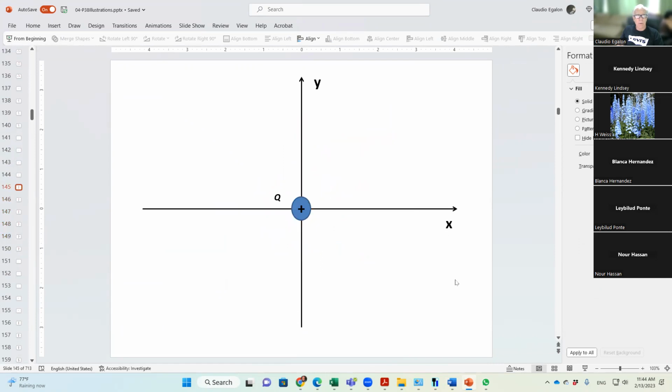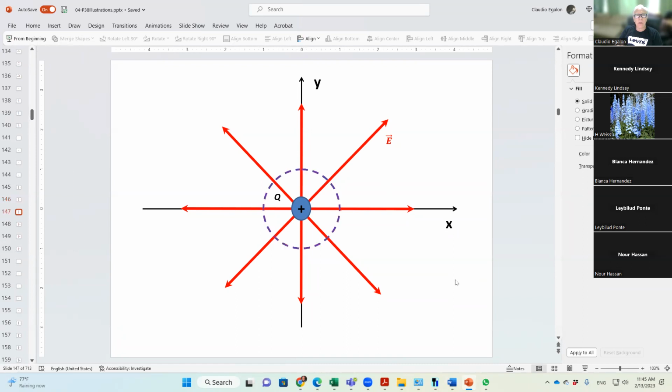Do you see that? That's how we solve for the point charge. I already did that. You have a point charge here, charge Q, with X and Y axes. We know that the electric field moves away from the electric charge. We just don't know the magnitude, because positive charges are sources of electric field. Because of the symmetry of this problem, we can draw an imaginary spherical surface around the charge.